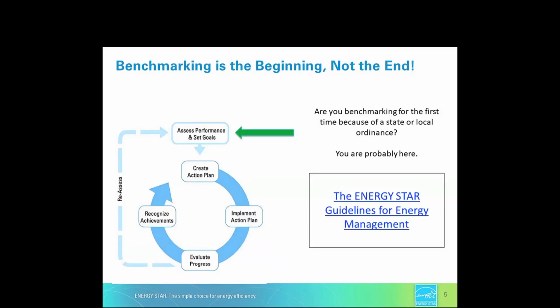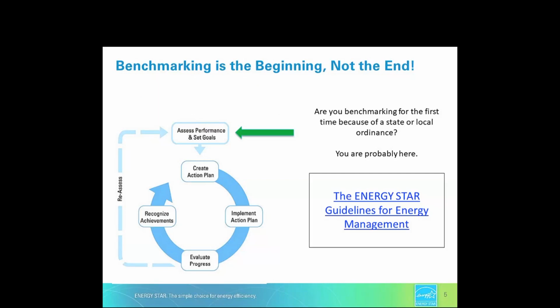If you joined our part 2 session in April, you may remember this diagram from before. To navigate it, if you are attending the series because you are required to benchmark via a state or local ordinance, you're likely at the top of the funnel here where the green arrow is pointing. This is where you are if you've just started benchmarking to comply with that local or state law.